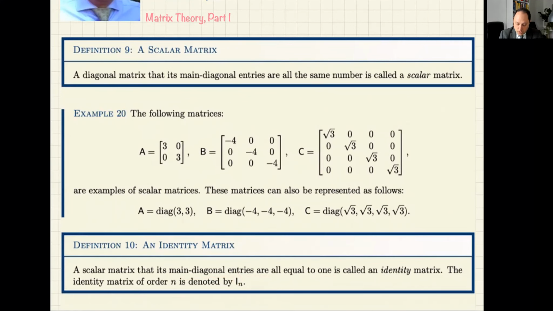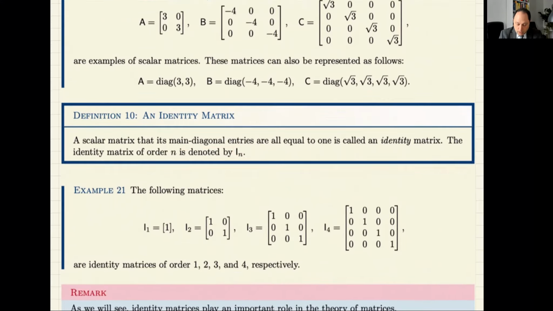We put a subscript n if it is n by n. So this is good to know. I sub 1 is the identity matrix of order 1, this is the identity matrix of order 2, order 3, and order 4. All of them are scalar matrices, but the entries are all equal to 1. This is important to remember.